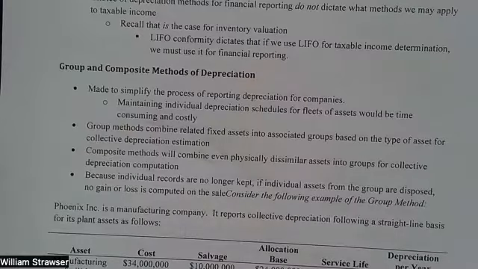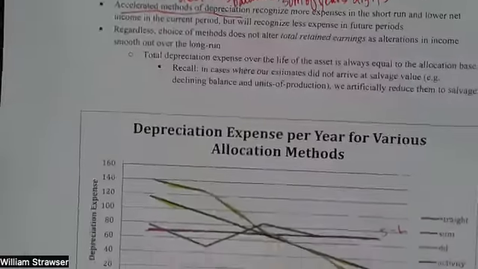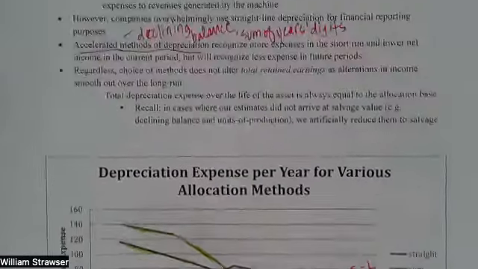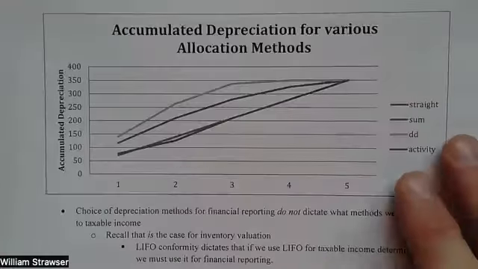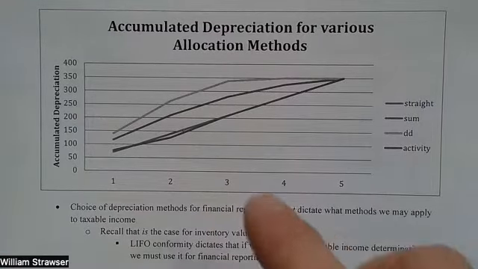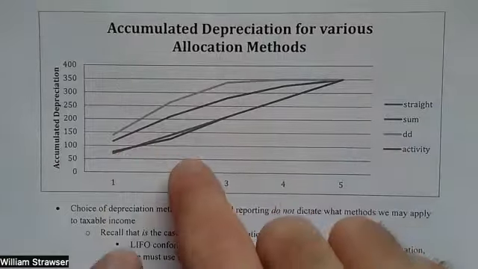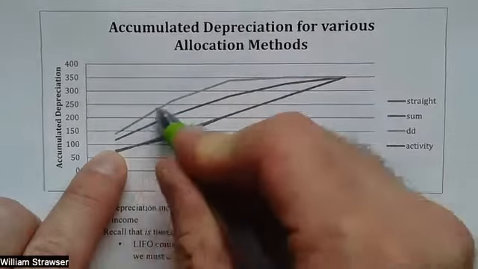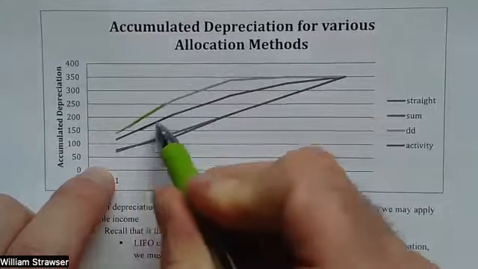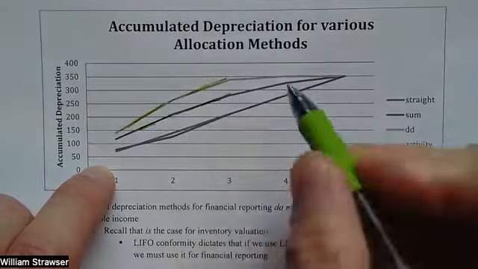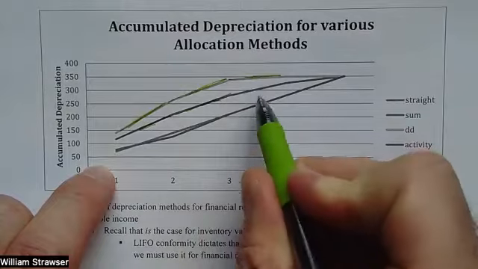Overall, that's looking at depreciation expense, right, the amount of expense I recognize in any given year. If I look at the accumulated depreciation, how that builds over time, then it's going to build more rapidly for the two accelerated methods. These are the two accelerated methods. Notice they build up accumulated depreciation very quickly, but then it starts tapering off, it diminishes.